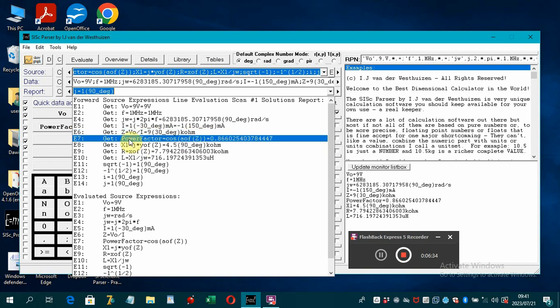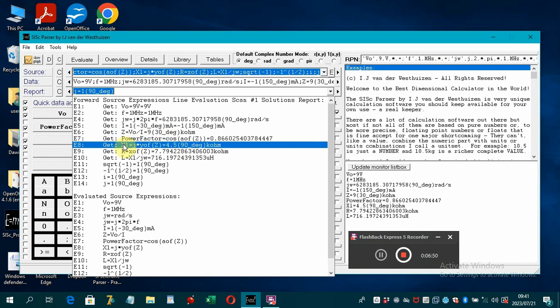The power factor is a cosine of the angle of Z, or the impedance. So there's a cos phi, or cos of the angle of the impedance, and that is the power factor. The XL value, the reactance of the coil, is J times the Y component of Z.